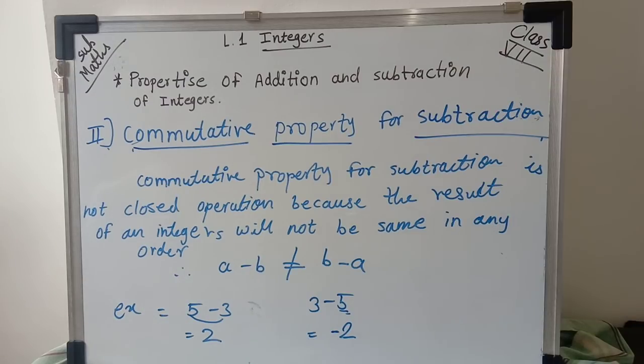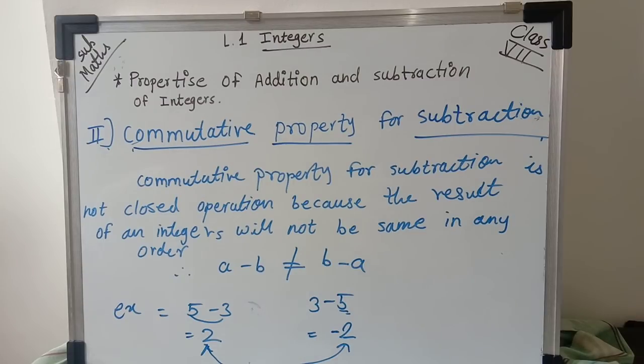So we got minus 2. So here the whole numbers are the same for both, but the values are different. The values are not equal, and that's why this property is not for subtraction.